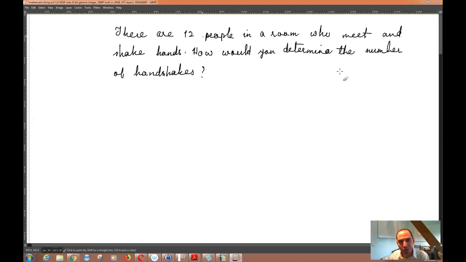So suppose that there are, for example, 12 people in a room who meet and shake hands. How do you determine the number of handshakes that take place between those people? If you think about this situation, you have person 1, person 2, person 3, and so on, all the way up to person 12.